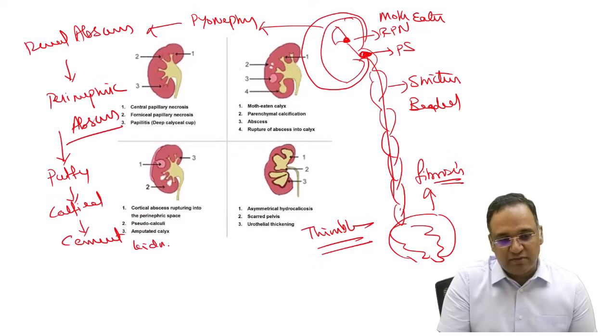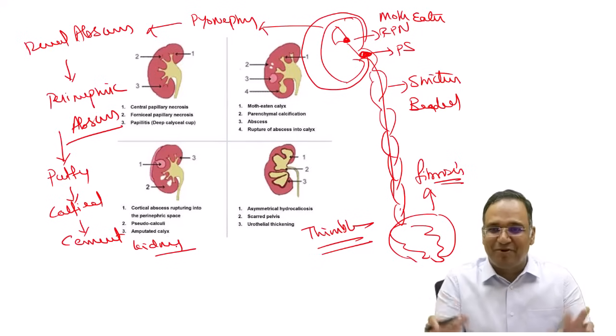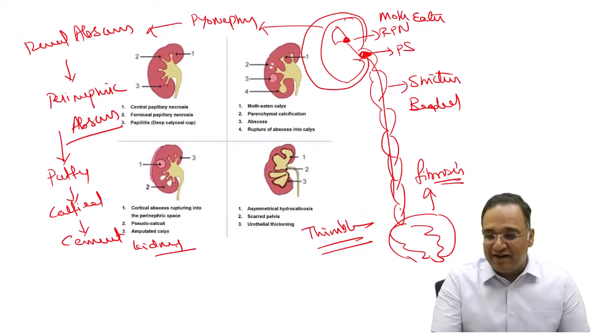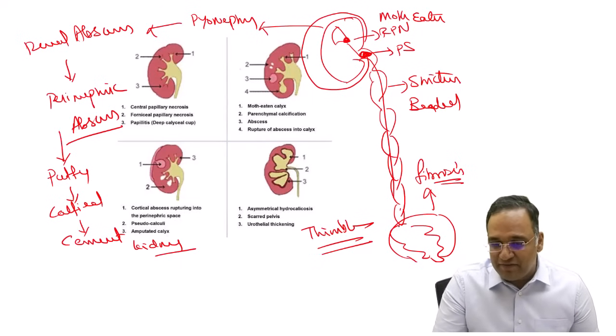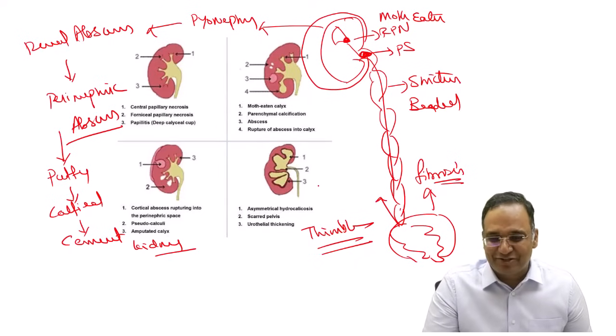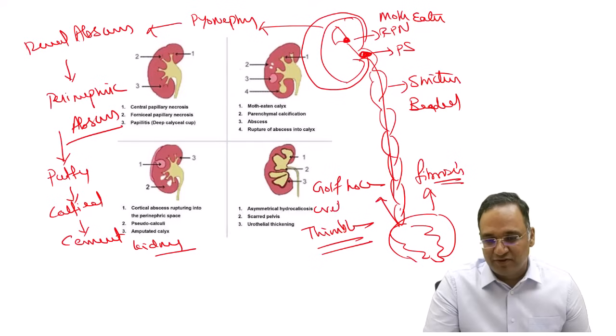Understand? So these are the keywords: putty kidney, cement kidney, moth-eaten calyces, renal papillary necrosis, beaded ureter, thimble bladder, and the ureter gets pulled away from the bladder opening at the vesico-ureteric junction, and it is called golf hole ureteric orifice.